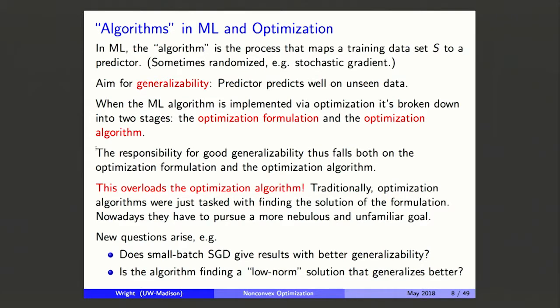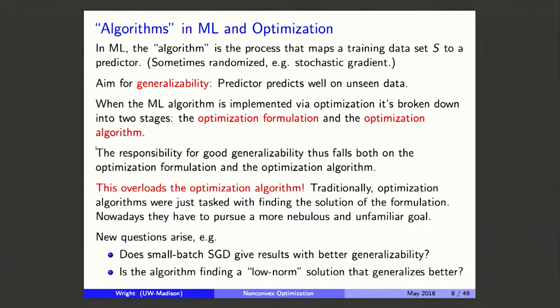So you start with a training set, you end up with a predictor, and you hope that you end up with good generalizability, that the predictor does a good job on the unseen data, okay? So I think that's how machine learning people tend to use the word algorithm. Maybe I'm wrong about that, but you can correct me if I am.